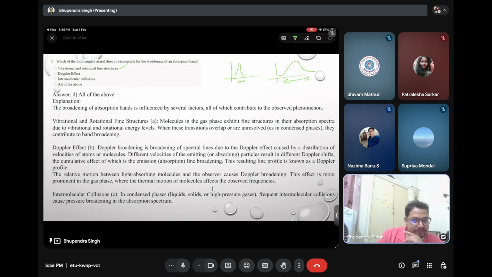So, like the atom of the molecule, if you excite it, it is emitting or absorbing. These atoms of the molecule are actually absorbing or emitting at different wavelengths. So that is why the broadening is coming, because the velocity is different.